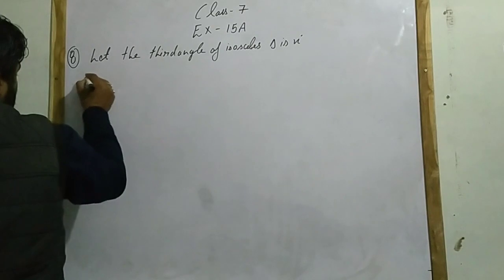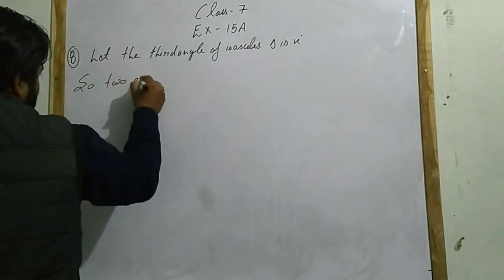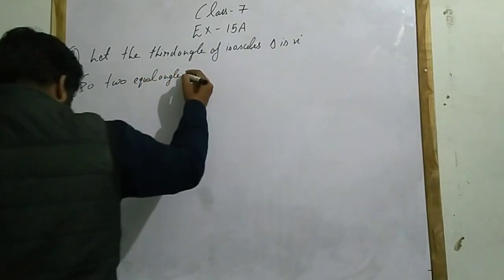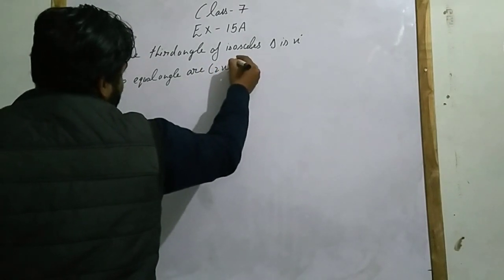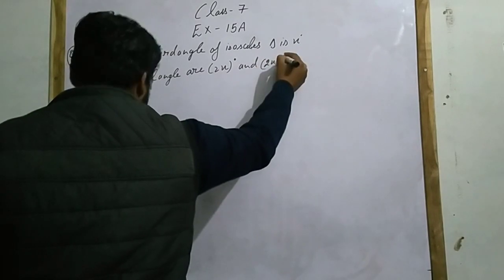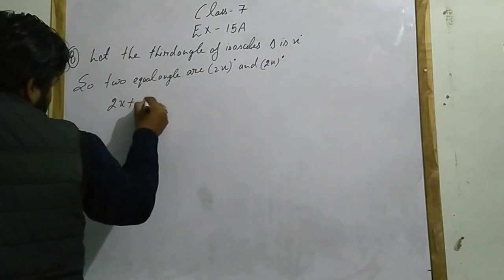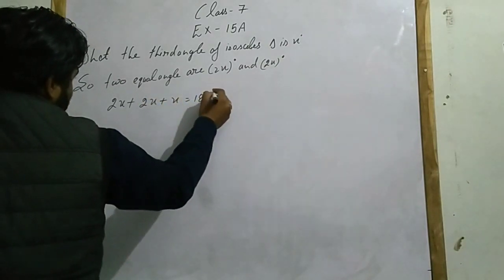So two equal angles are 2x degree and 2x degree. Okay, after that 2x plus 2x plus x equals to 180 degree.